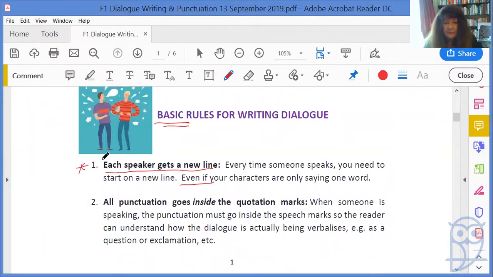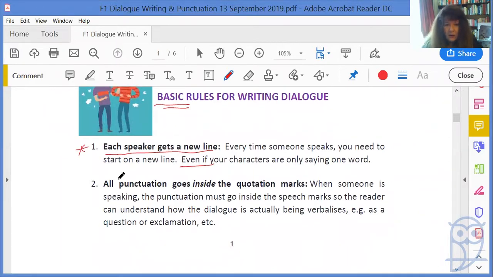And the second basic rule is all punctuation goes inside the quotation or speech marks. When someone is speaking, the punctuation must go inside the speech marks so the reader can understand how the dialogue is actually being verbalized.